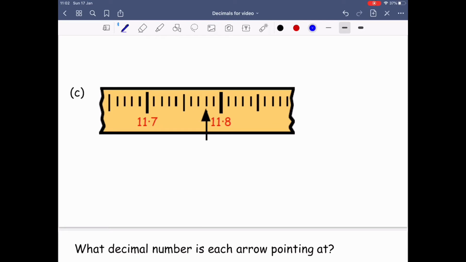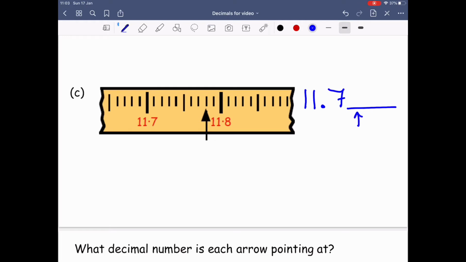What's actually happening is we have 10 sections, but what we're looking for is a number that lies between 11.7 and 11.8. So we're expecting our answer to be of the form 11.7 something. This something is going to be a hundredth.